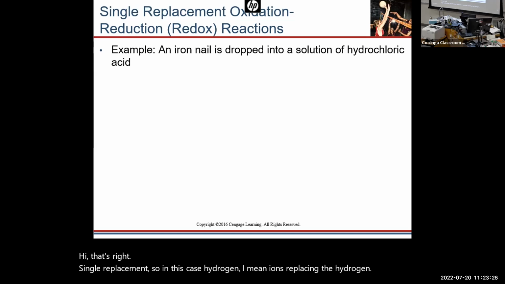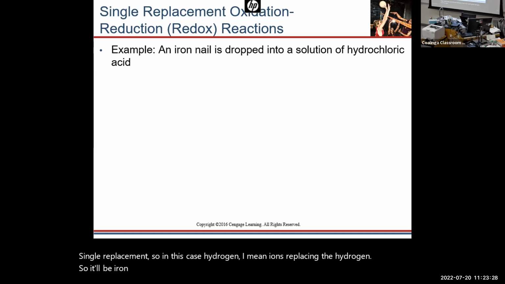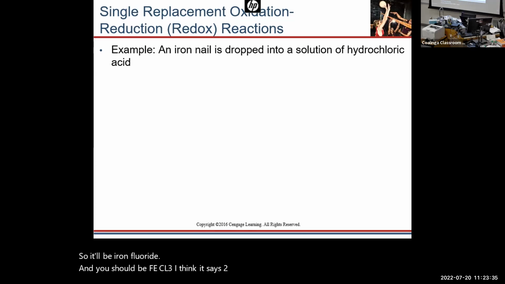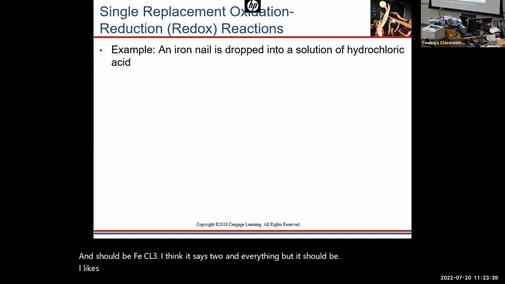So iron chloride, FeCl3? I think it says 2 on your sheet, and it should be 2. Iron's preference when it's with chloride is to be 2. And H2 would be the gas.